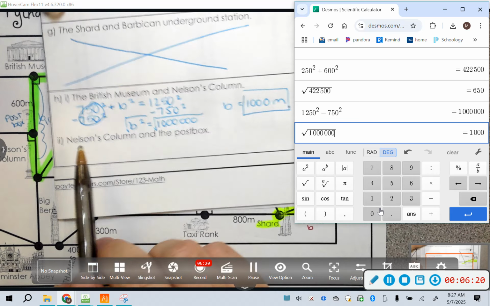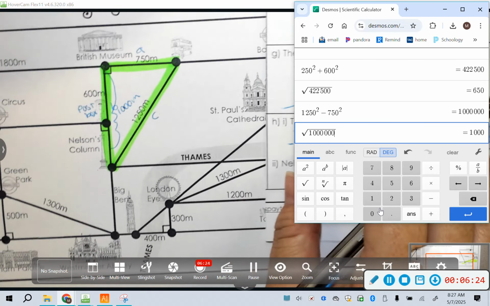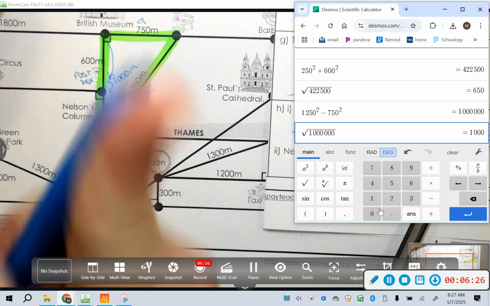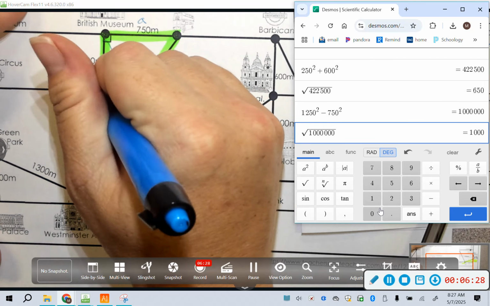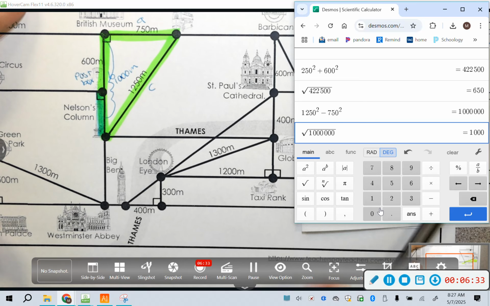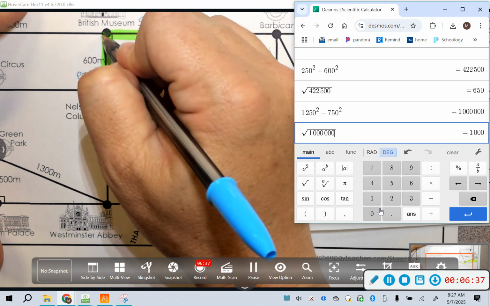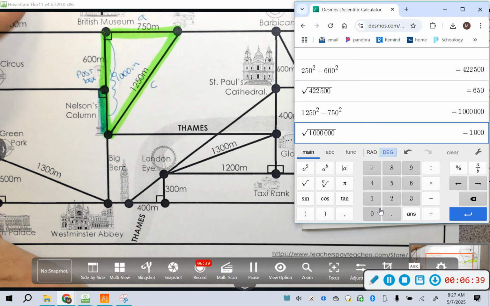But if we look at this second part of this one, it says Nelson's column and the post box. Well, Nelson's column and the post box is just this little piece right here. So here's my question. If I know this whole thing is 1,000 and this small piece is 600, what would I do to find the remaining balance or the remaining distance?